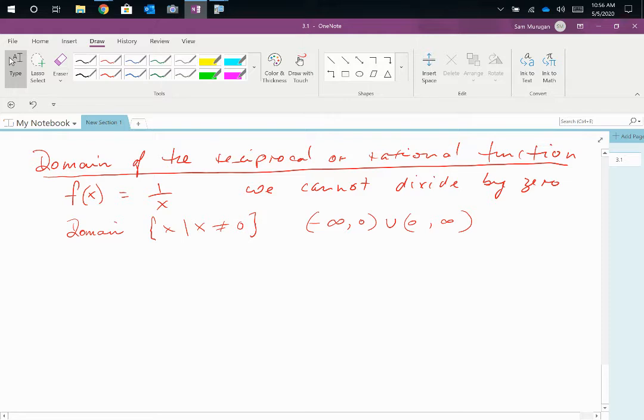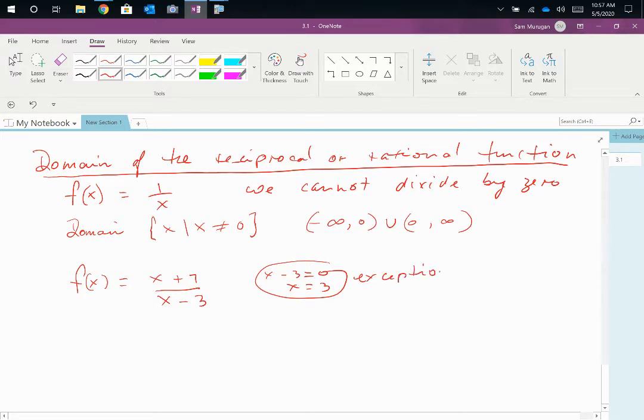If the function looked like, say, f of x is equal to x plus 7 over x minus 3, if we set the denominator equal to 0, we get x is equal to 3. That is the exception.